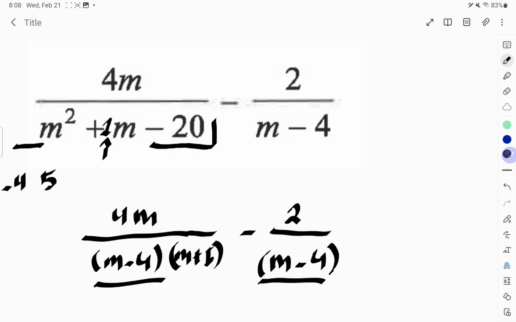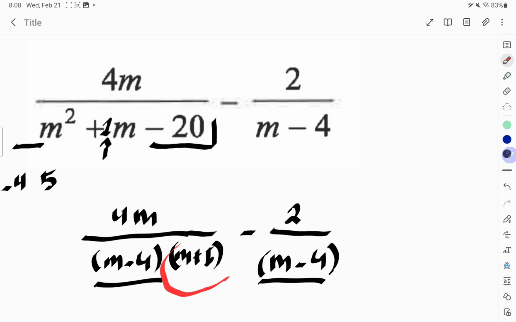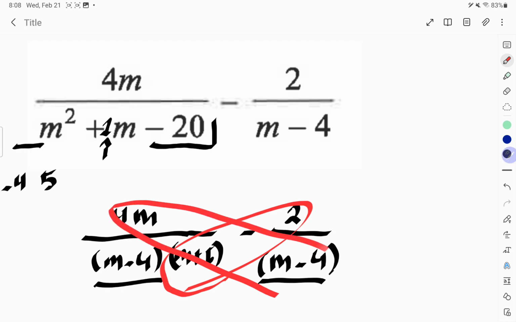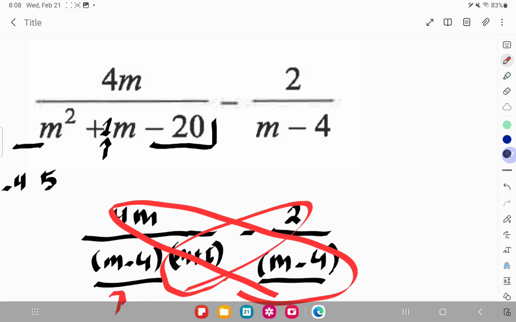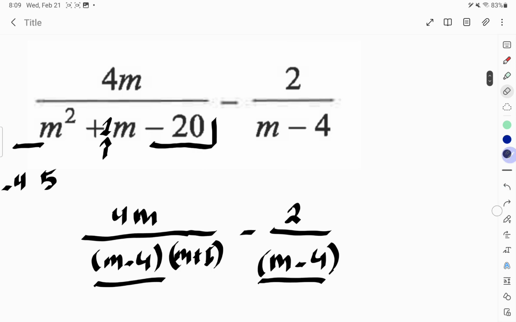So let's go ahead and do what I'm referring to. Right here, I'm only going to cross multiply those two. I don't need to cross multiply those two, because I already have an m minus 4 on this side. We're just going to do the cross multiplication for the m plus 5. Let's rewrite my problem.